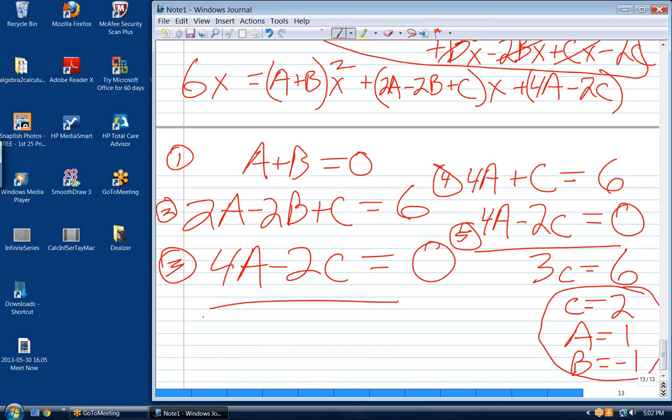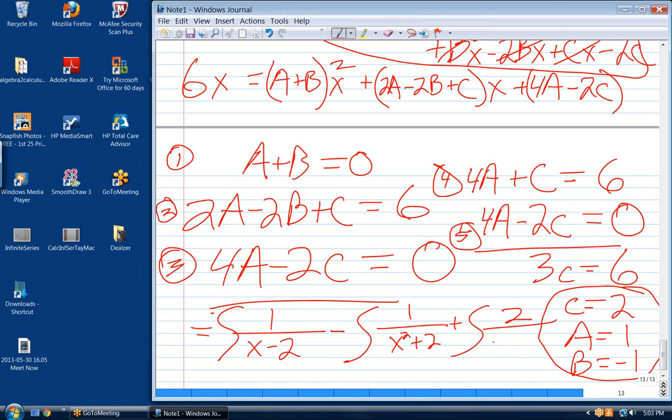So now we've got that the integral is equal to a over x minus 2, minus b over x squared plus 2, plus c over x squared plus 2.